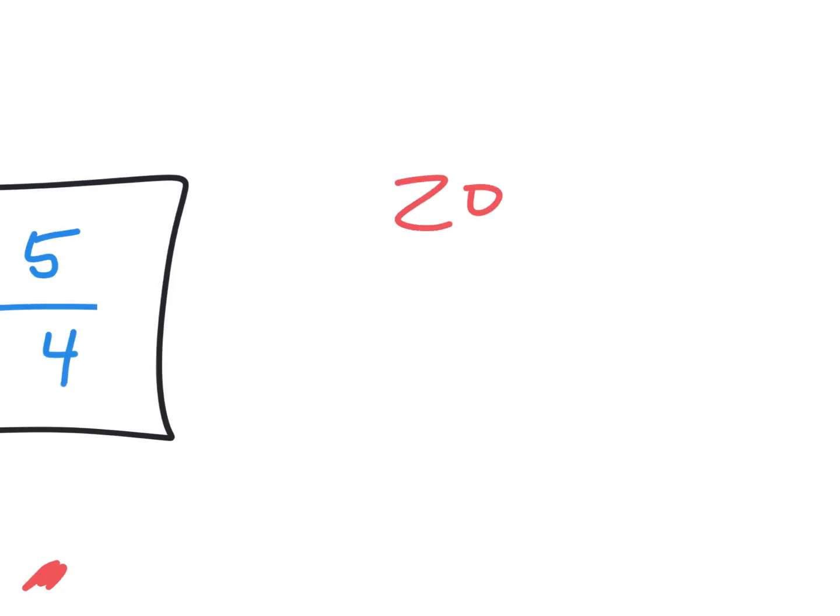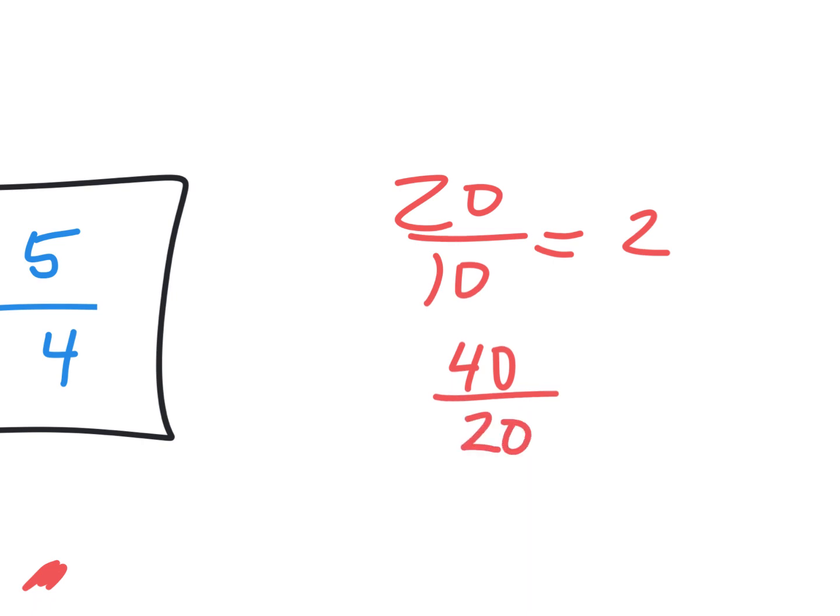If I had 20 over 10, would you agree that's equal to 2? What if I had 40 over 20? Would you agree that's still equal to 2?